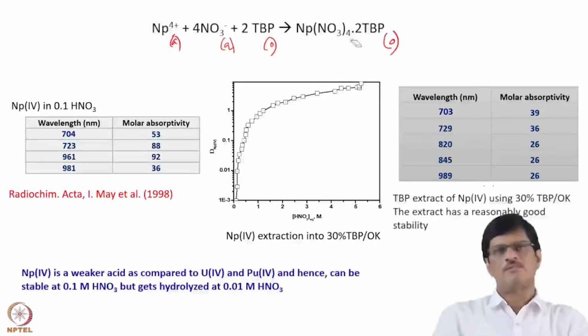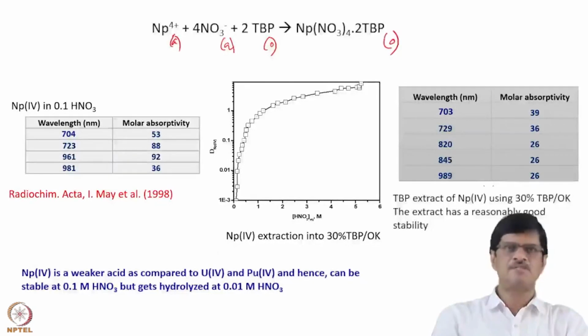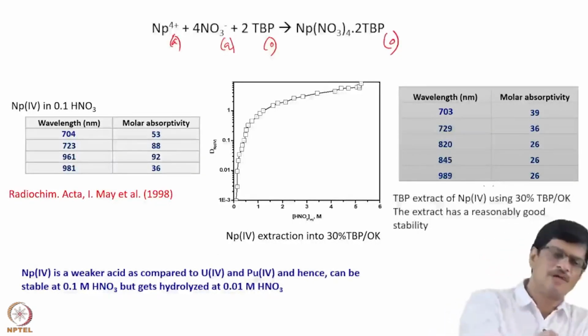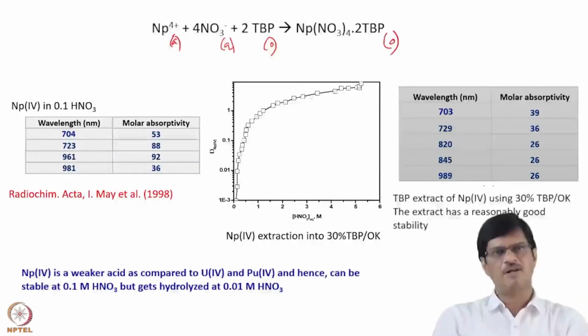Now, how it is detected: if it is converted to neptunium 4+, then we can detect it by spectrophotometry. There are very characteristic peaks of neptunium 4+, one peak at 704 nanometer, as shown in this extreme left table, and another peak at 961 nanometer.